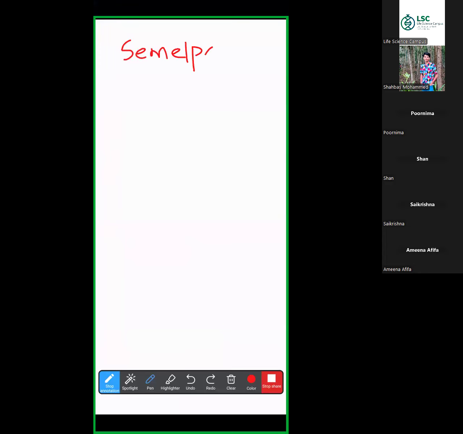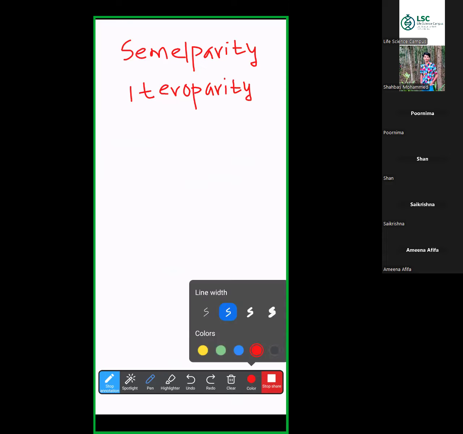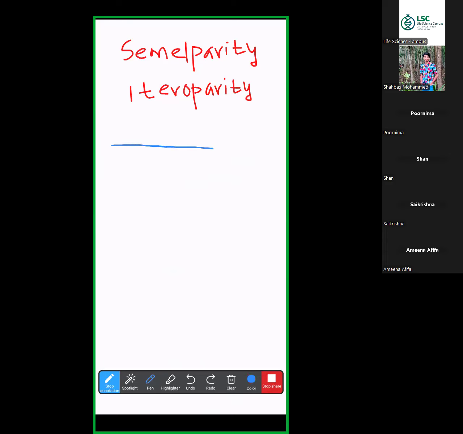First one is semelparity and second one is iteroparity. When offspring are produced in a single reproductive event, it is called semelparity. Consider this as the lifetime of an organism.